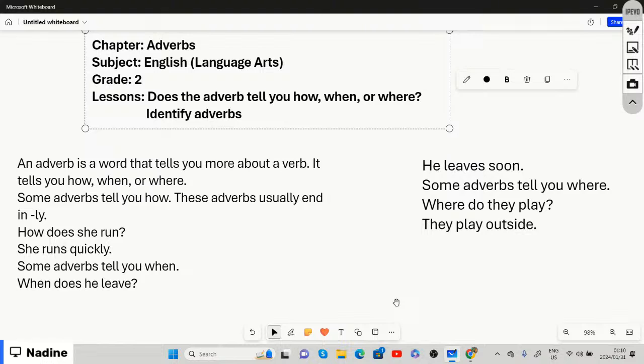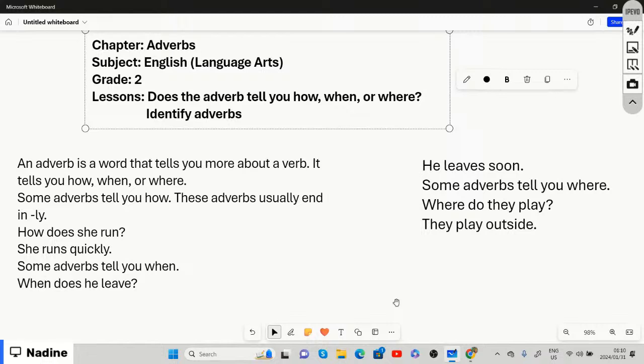So this is basically our adverbs. An adverb is a word that tells you more about the verb, and it tells you how, when, and where.